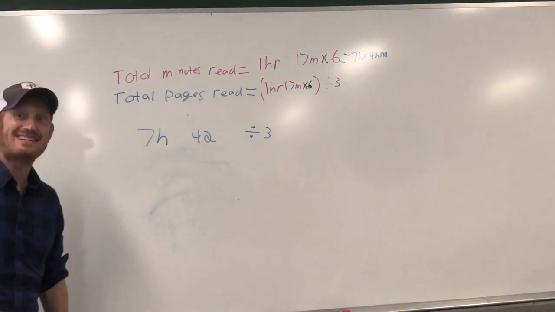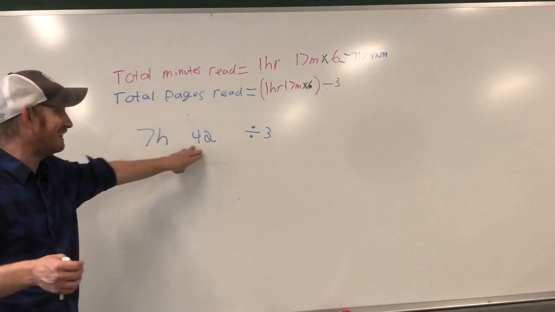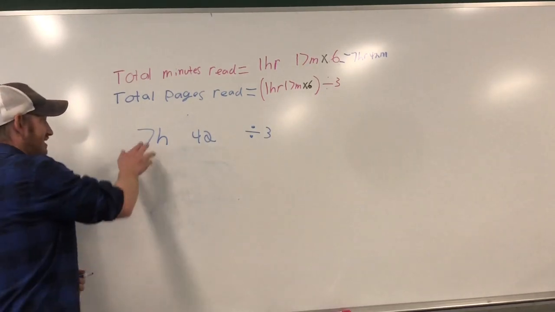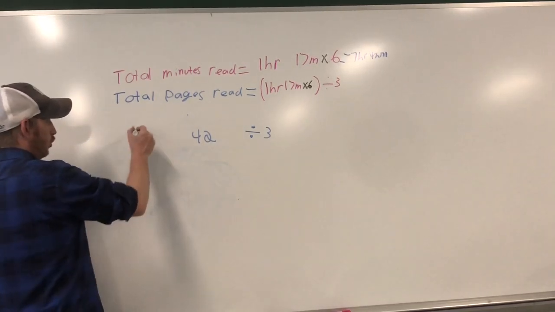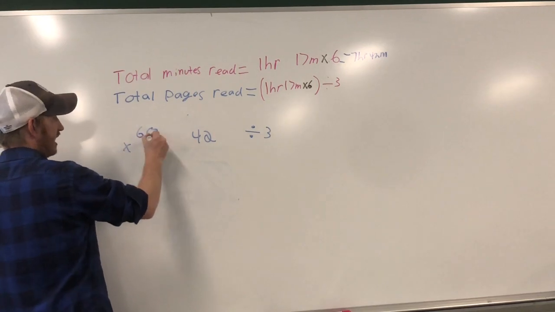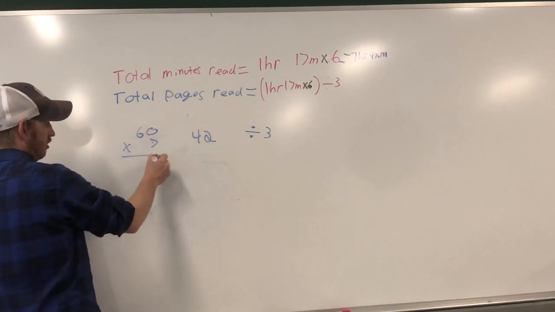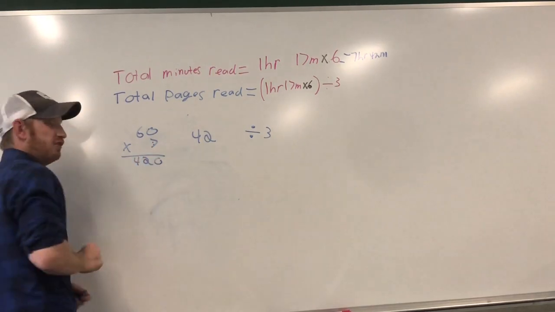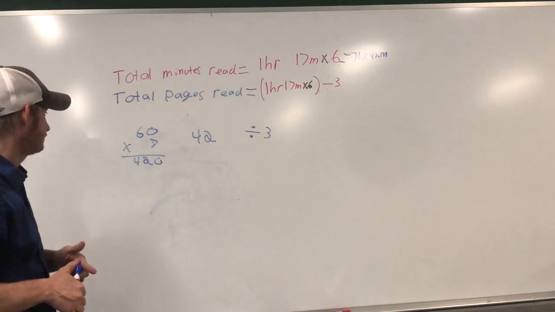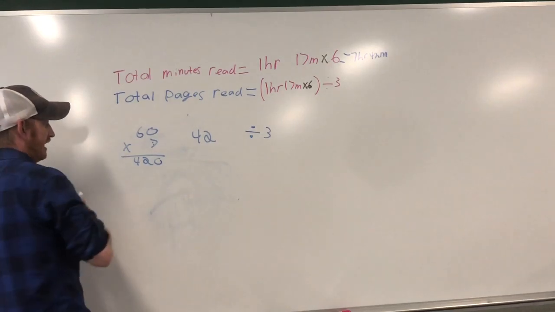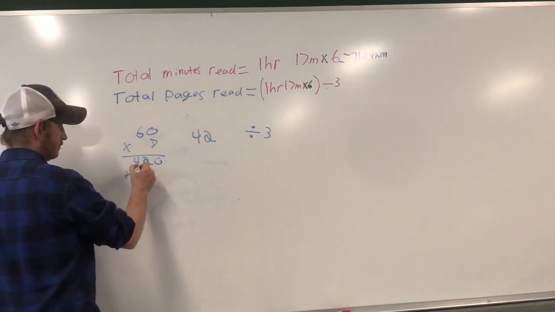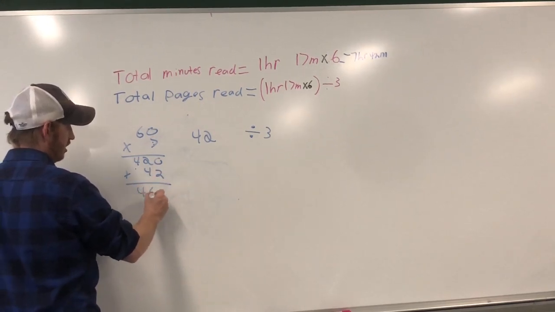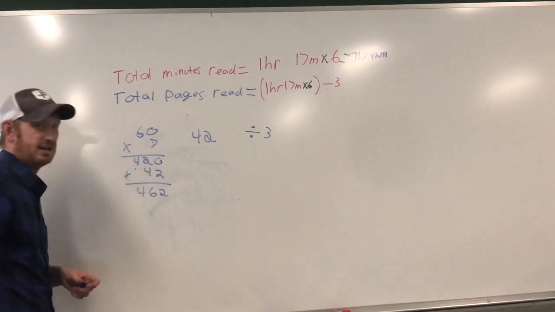And in this case, I think it's easier to combine these first and then divide. So 7 hours is equal to 60 minutes times 7. 7 times 0 is 0. 7 times 6 is 42. So 420 minutes plus 42 minutes gives us 462 minutes.